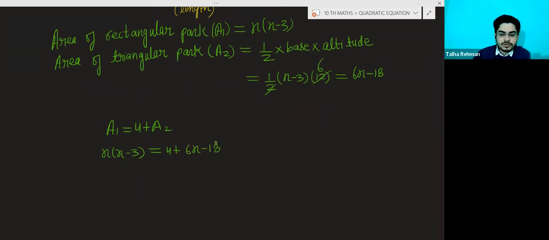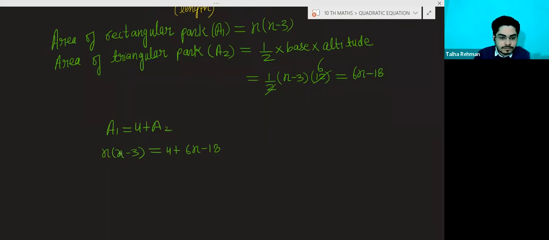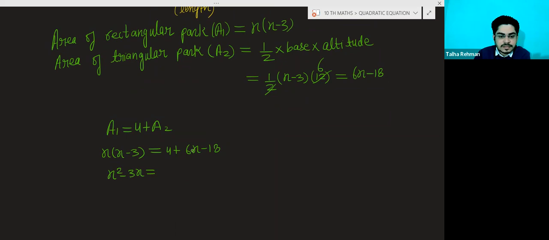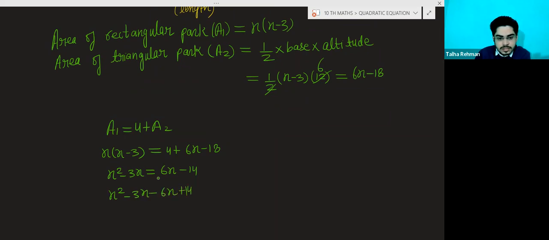Now we will solve it. Okay. So when you multiply it, it will become x square minus 3x. This is equal to here is 6x and here is minus 14. So now you can make it a quadratic equation. So it will be x square, here is minus 3x minus 6x plus 14 is equal to 0.